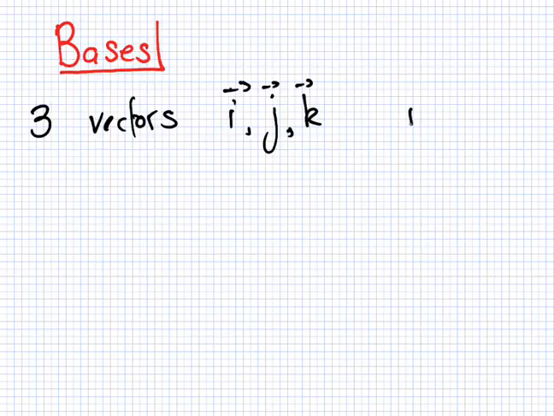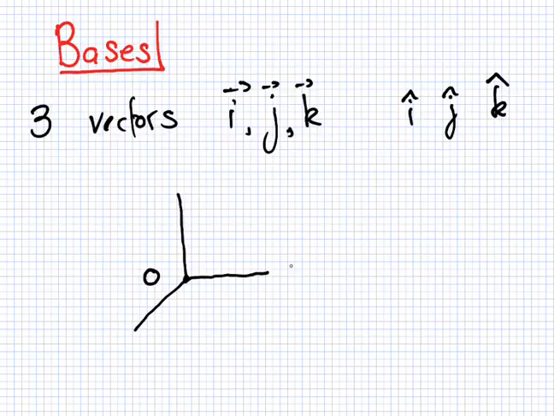Or sometimes we write them like this. So what's special about these vectors? These vectors are all of length 1 and they're all perpendicular to each other.